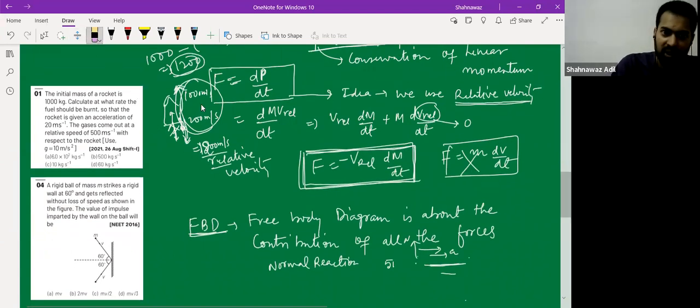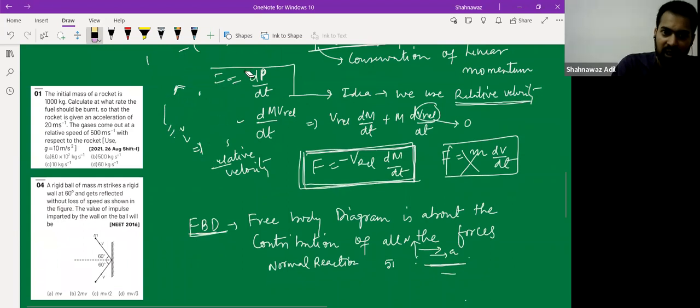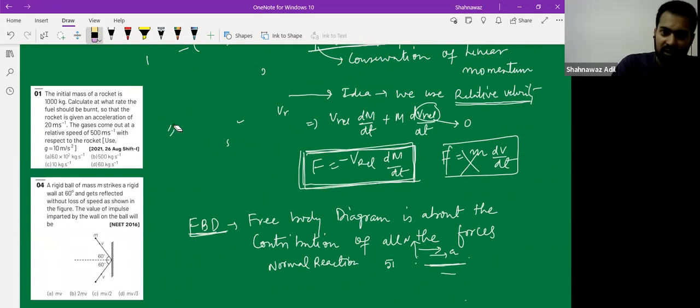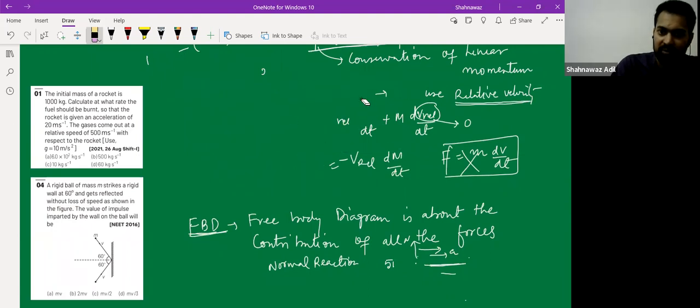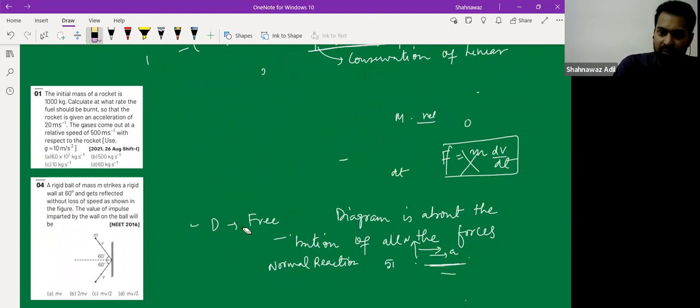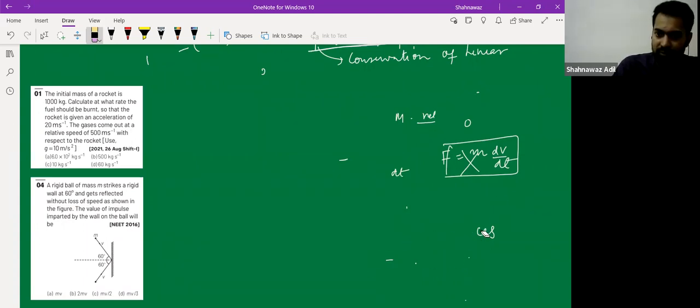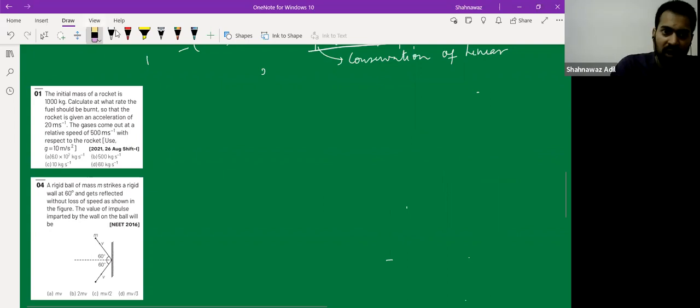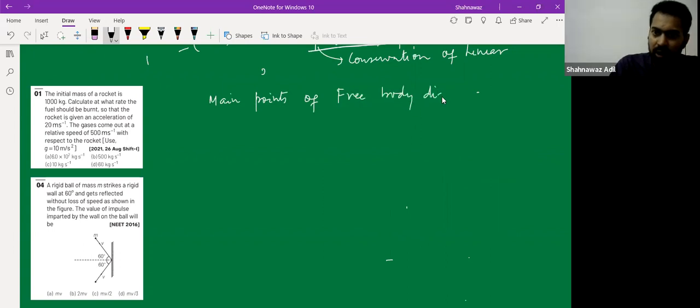Main points of the free body diagram, called FBD.